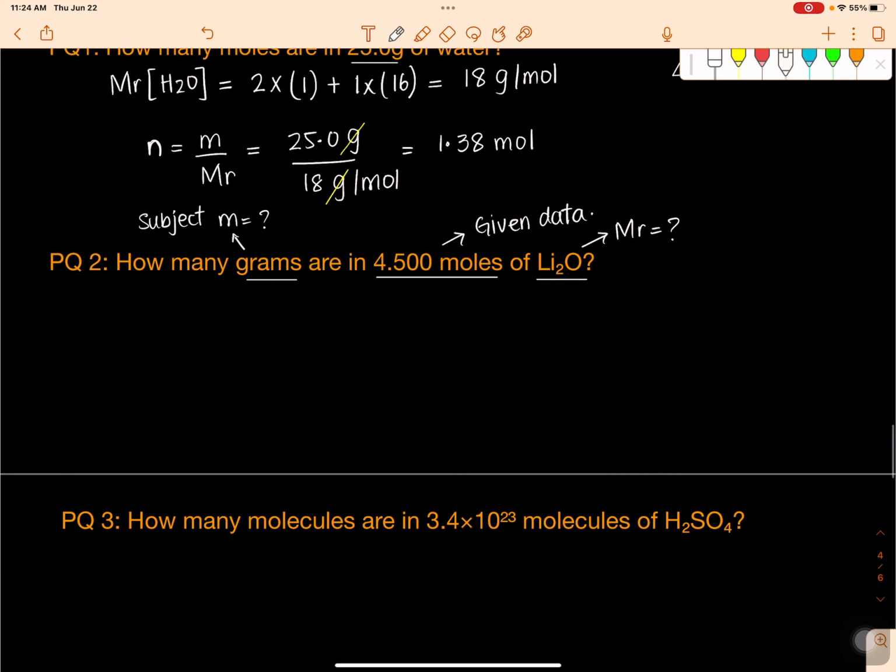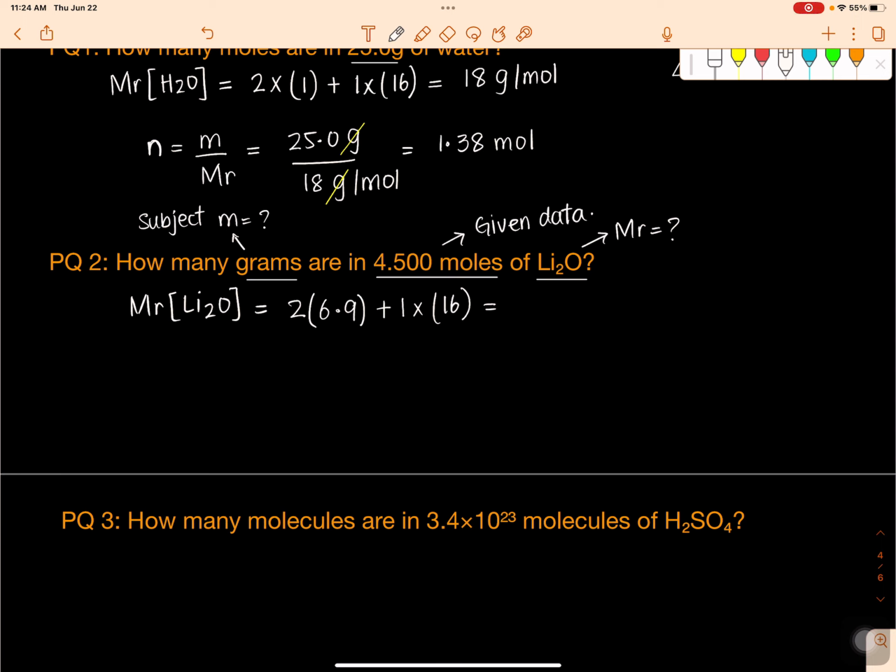So our first step should be the calculation of Mr. So Mr of lithium oxide is equal to 2 times the atomic mass of lithium. So let's find out in the periodic table what is the atomic mass of lithium. This comes out to be 6.9, plus 1 times the atomic mass of oxygen, which is 16.